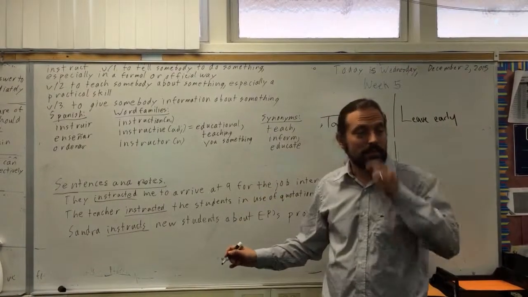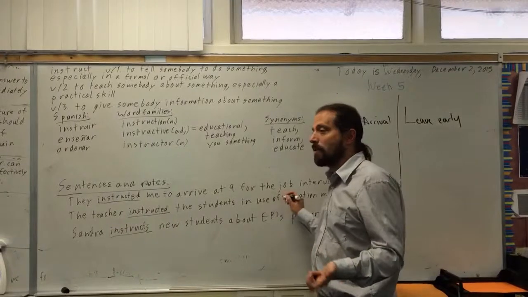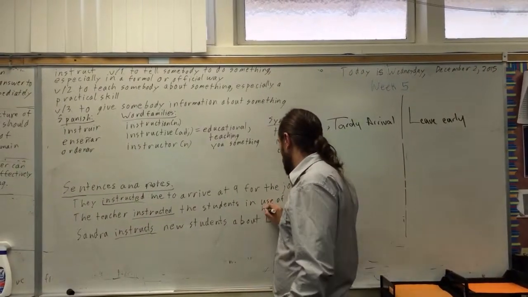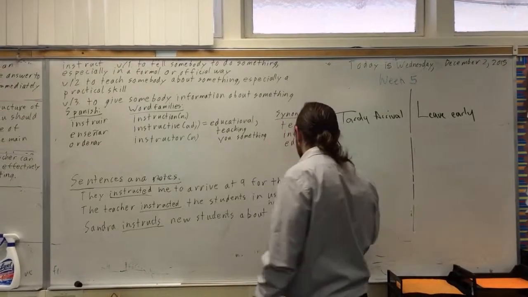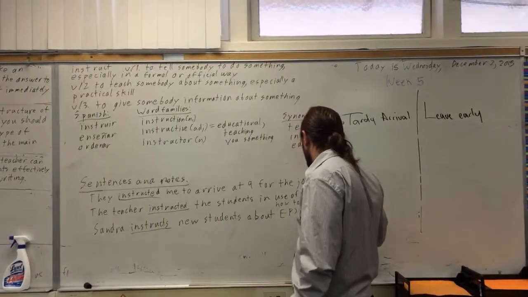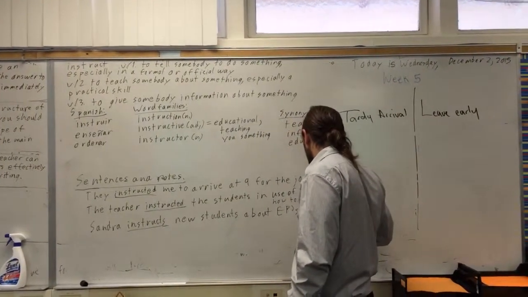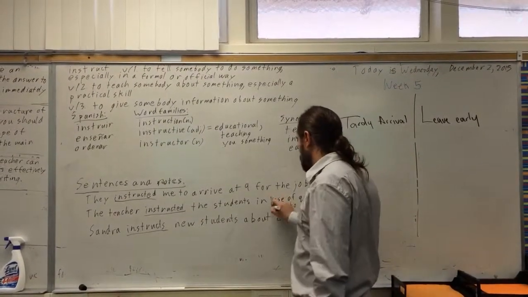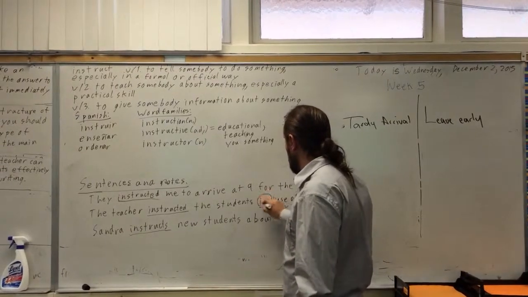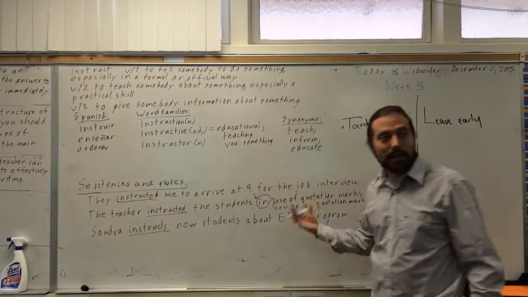Instructed us in a noun or in how to. So we could also say in how to use quotation marks. That's also correct. Either one of those. And usually use the word in with instruct if you're talking about teaching.